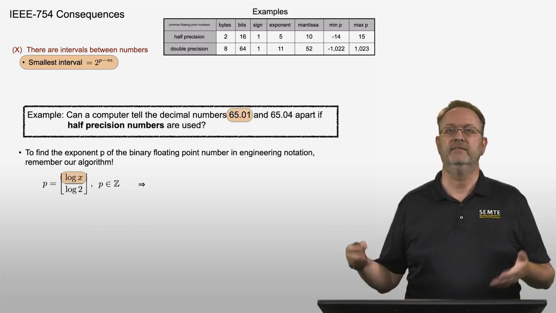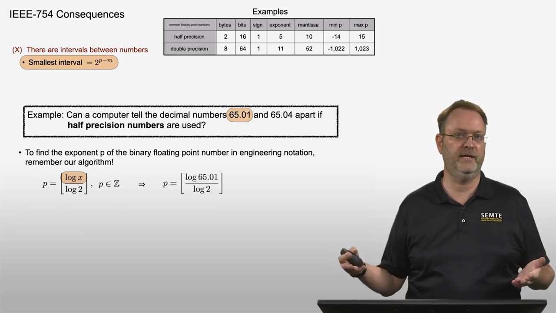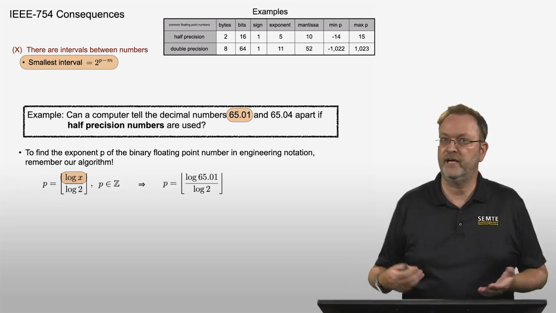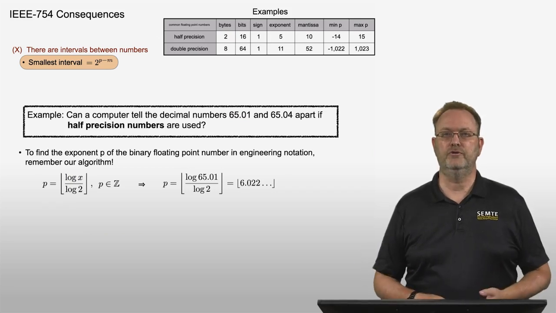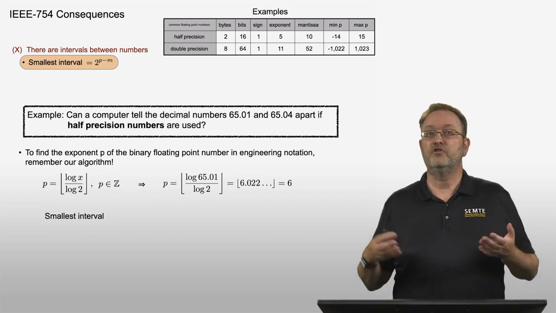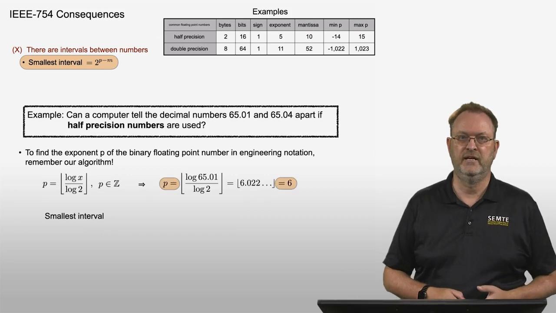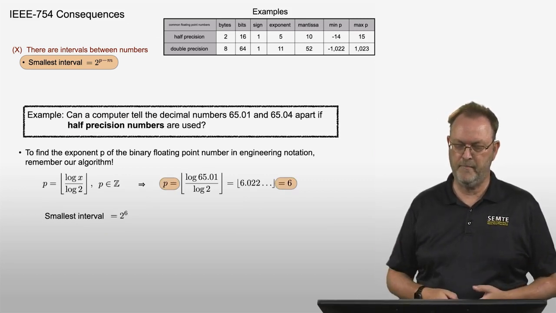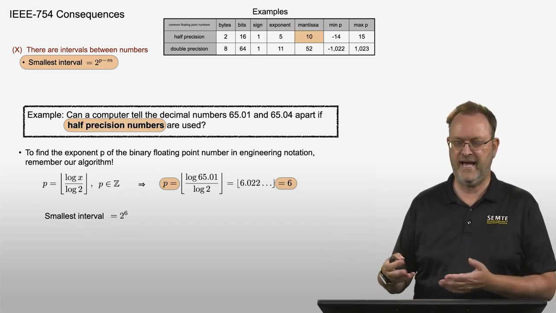So let's take 65.01 as an example. We have as the exponent p the floor of the logarithm of 65.01 divided by the logarithm of 2. That is 6.022 rounded down, so the exponent is equal to 6. So the smallest interval we can tell apart in half precision is with p equal to 6: 2 to the power 6 minus the number of mantissa bits for half precision, which is 10.